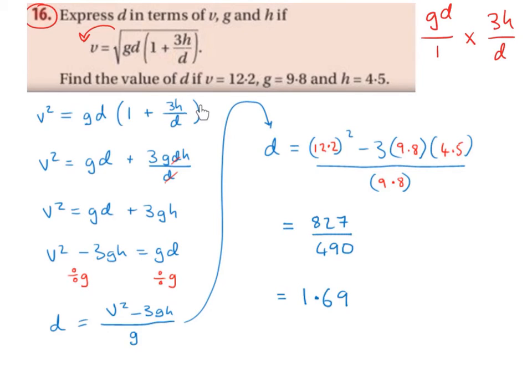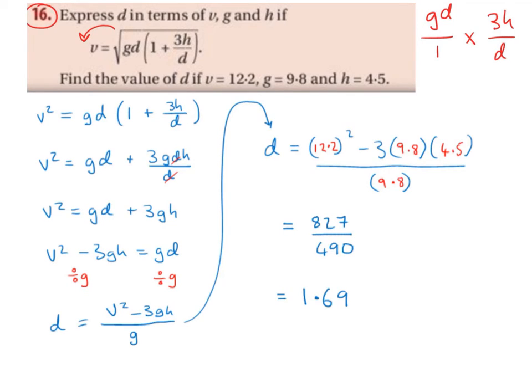Now I'm going to just multiply out the brackets. gd multiplied by 1 is gd. And gd multiplied by 3h over d is going to be 3gdh over d. So if I just have a look up here, I can see this done out properly. gd can be written as gd over 1, because any term can go over 1. And this is being multiplied by 3h over d.